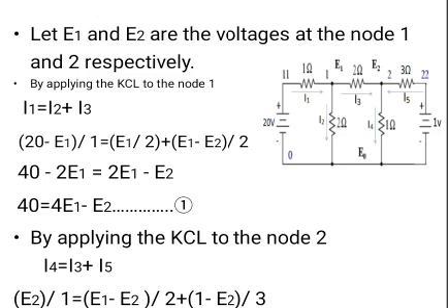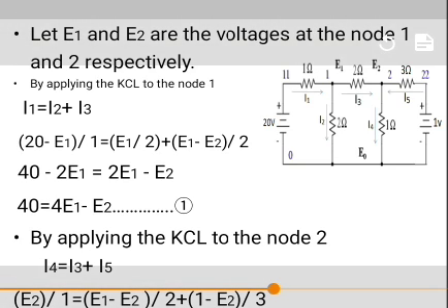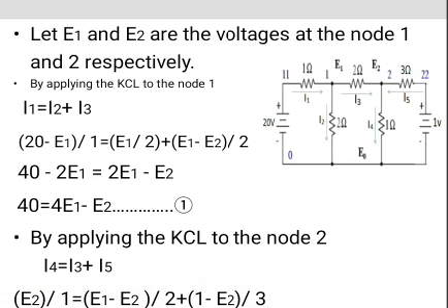Next, I3 equals, depending upon the direction of the current, E1 is the starting point and E2 is the ending point, divided by 2. E1 minus E2 divided by 2. The same thing for I5: I5 equals 1 minus E2 divided by R3, which is 3 ohm.